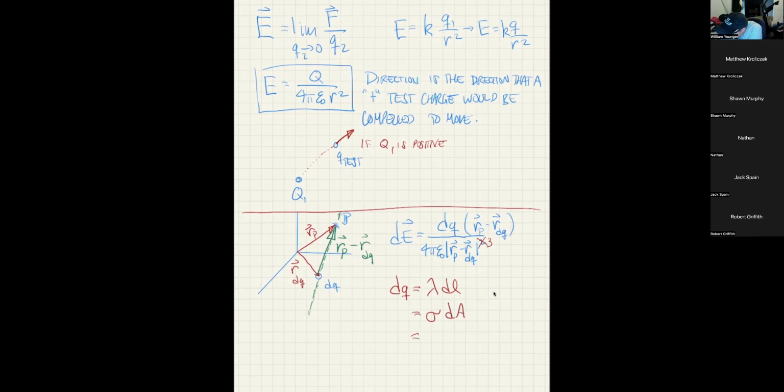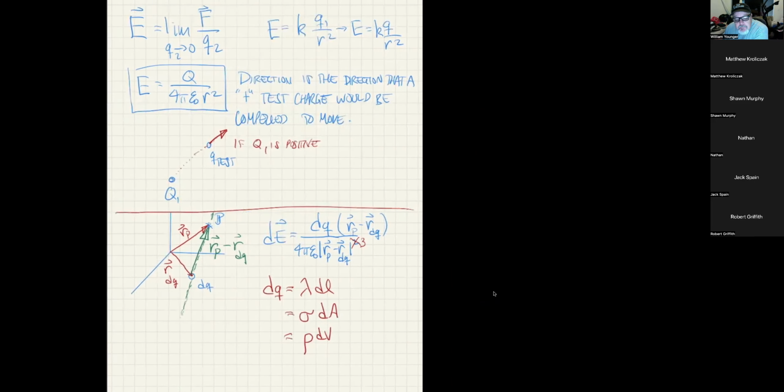Or if the charge is distributed through a volume, it's useful to use the charge per unit volume, rho, and multiply it by dV. Those are the three forms that dq will take when you're doing these problems. Notice lambda would have units like coulombs per meter, sigma would have units of coulombs per square meter, and rho would have units of coulombs per cubic meter. Does that make sense to everyone? Yes. Okay, so our first problem is going to be this.